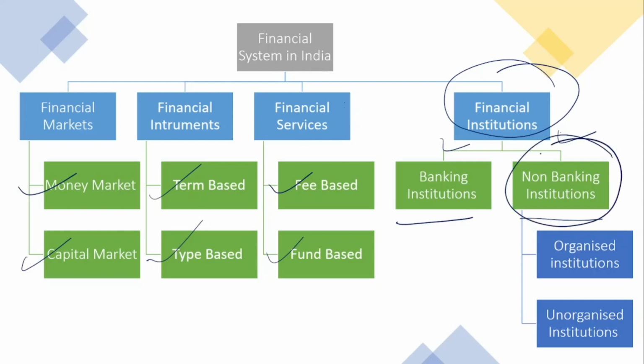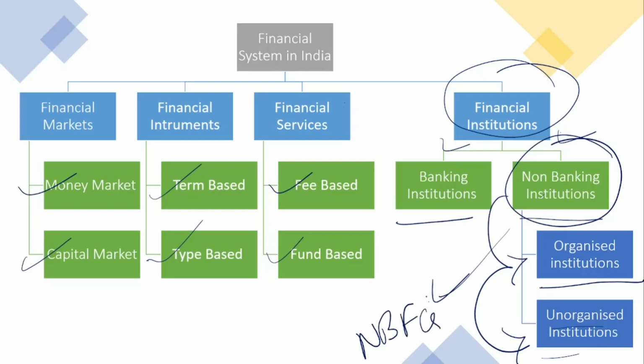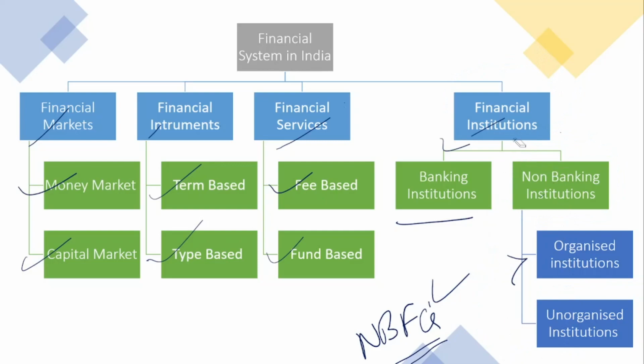Under non-banking institutions, again we have organized institutions and unorganized institutions. The non-banking institutions are called NBFCs. We'll study about all these four divisions and subdivisions in detail in the future videos.